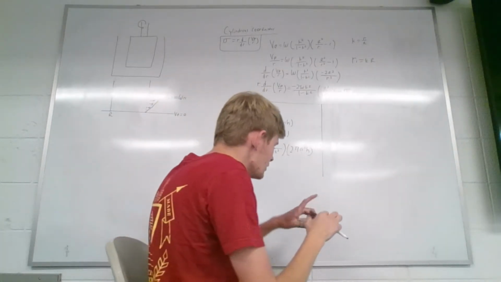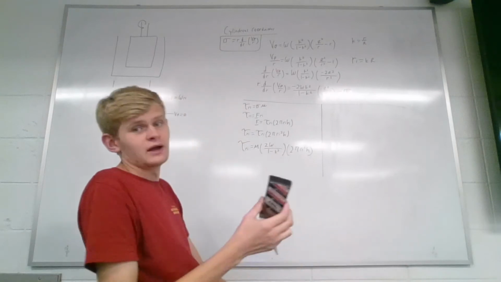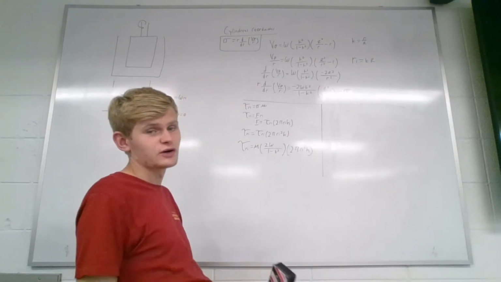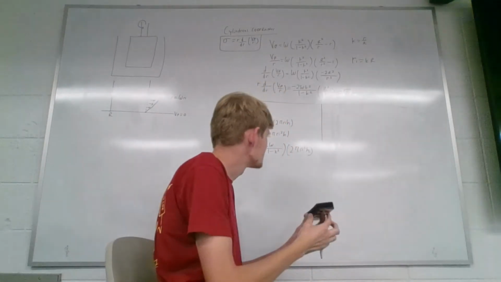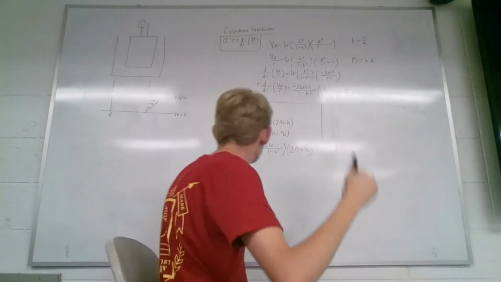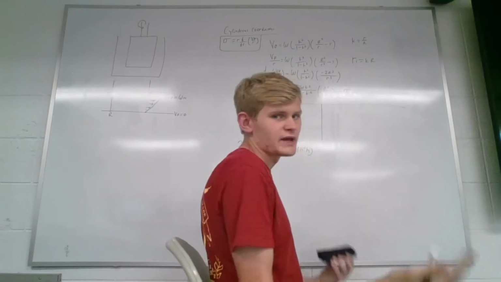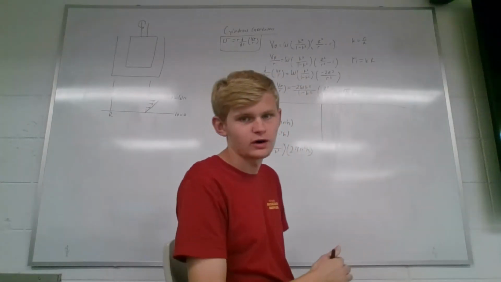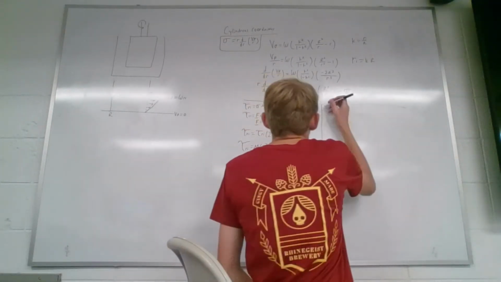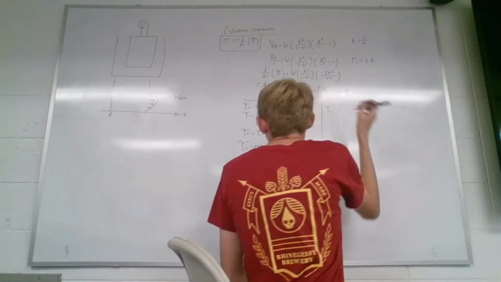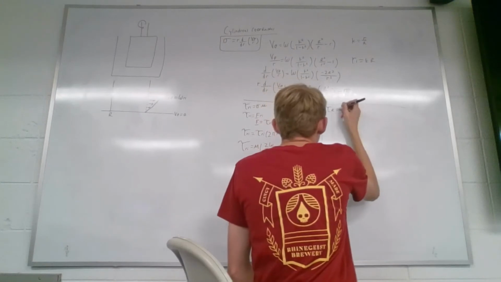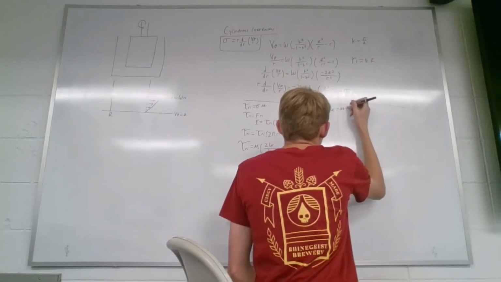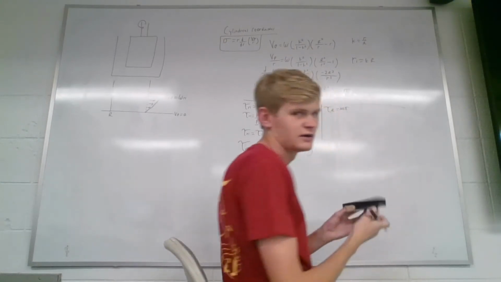So what if we come over here and do the exact same thing, except we were to solve the torque for our outer radius? So we're going to erase that line because we're going to eventually draw all the way down to here. So we're just going to rewrite what we had over here, except in terms of our outer radius. So we have our torque of the outer radius is equal to viscosity times shear rate.